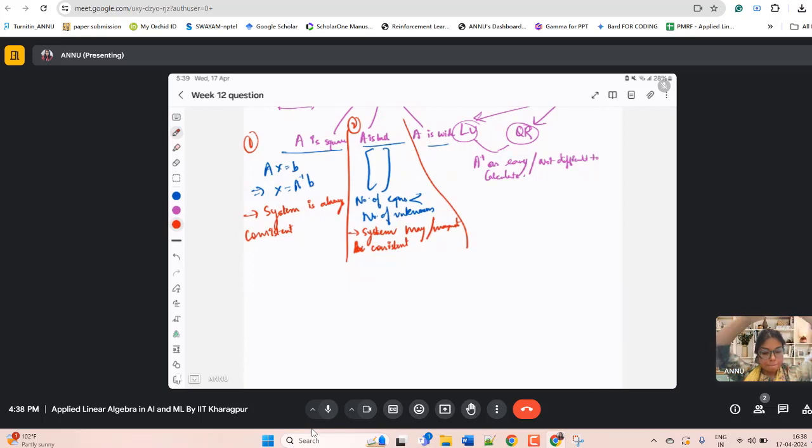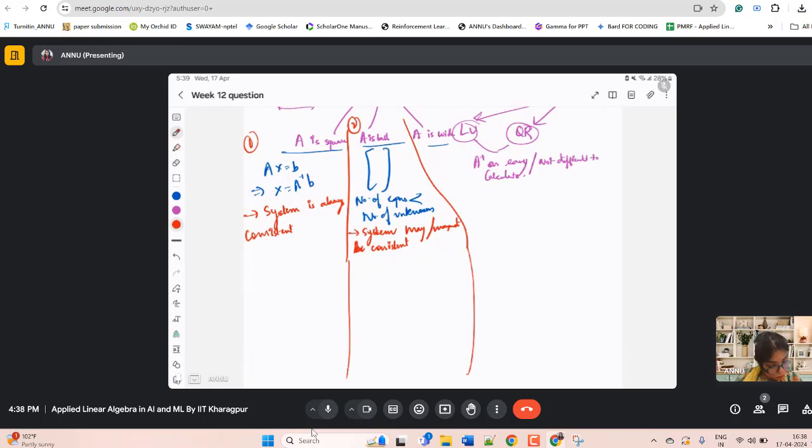Okay, shall we move ahead? So what does this mean, consistent and non-consistent? What if you're not able to calculate, because here you can see number of equations is less than number of unknowns. So you're not able to approximate with respect to unknowns. If you're not able to approximate, then definitely there will be no solution.